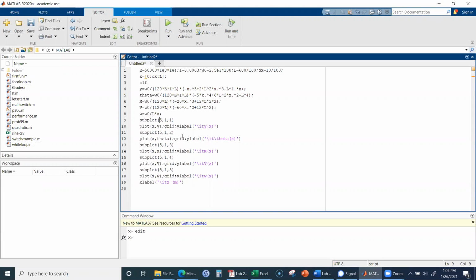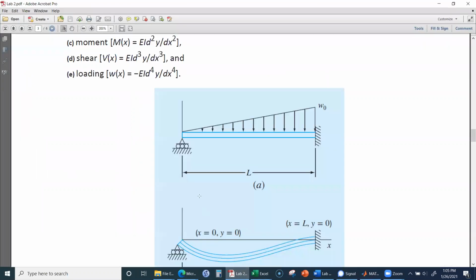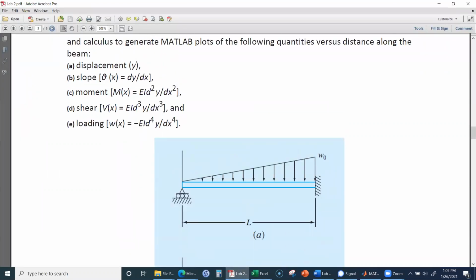So 5 means we actually want 5 plots in this case. As you can see that we want to plot the displacement against x. That means how the displacement is changing along the length of the beam. So the second is for the slope, the third is for the moment, the fourth is for the shear, and then the fifth is for the loading. So we need 5 plots.